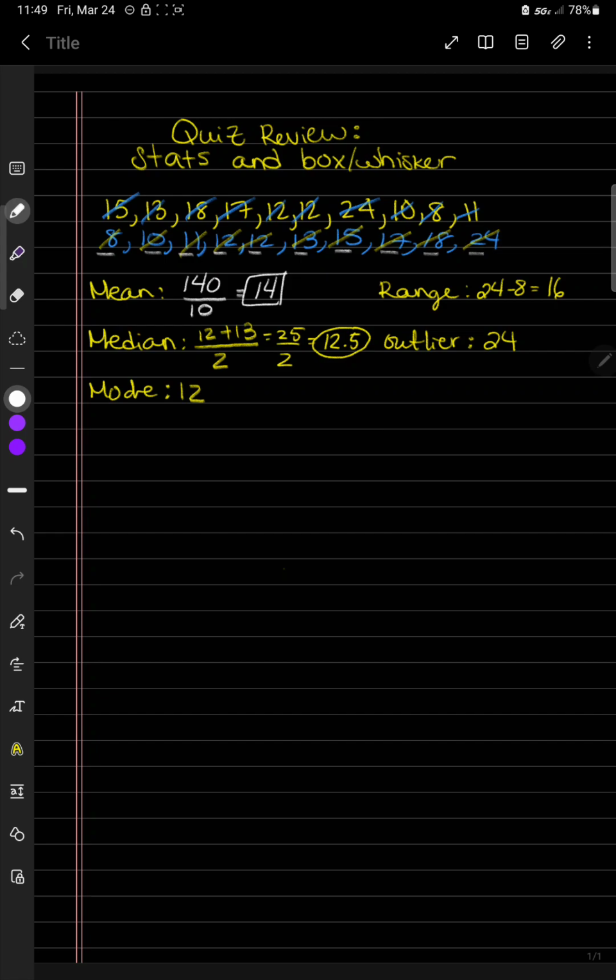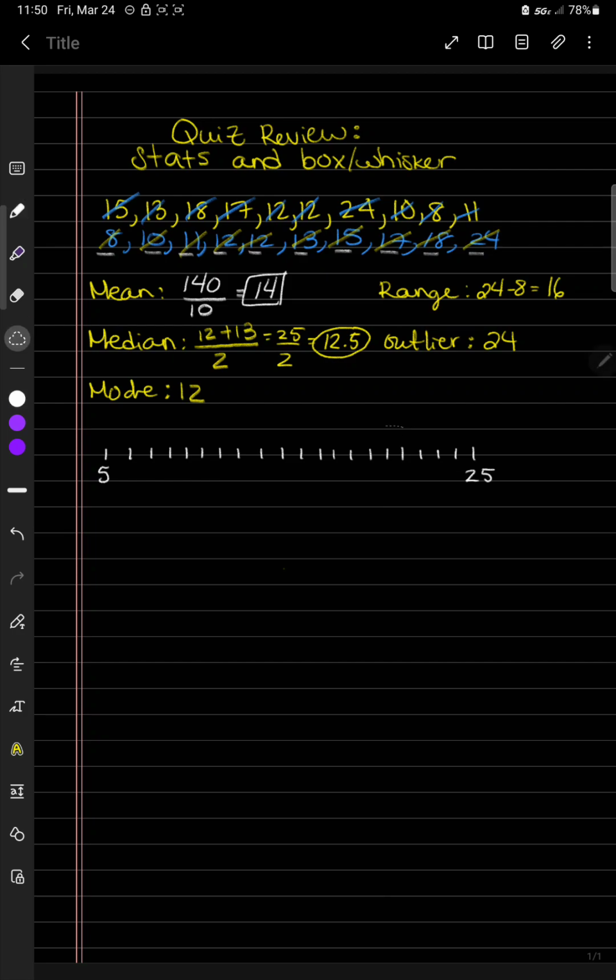Now we're going to construct our box and whisker. You can do a number line from 8 to 24, or you can do a number line from like 5 to 25. I like to do a couple numbers more on the number line. So I did a number line from 5 to 25 just to give us some space.